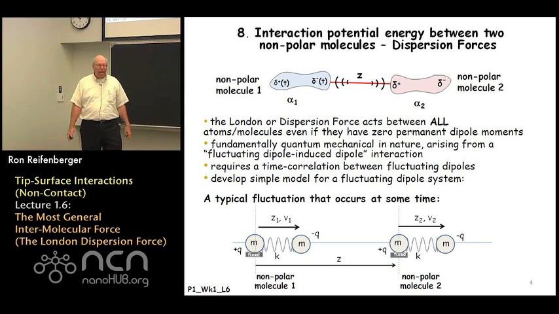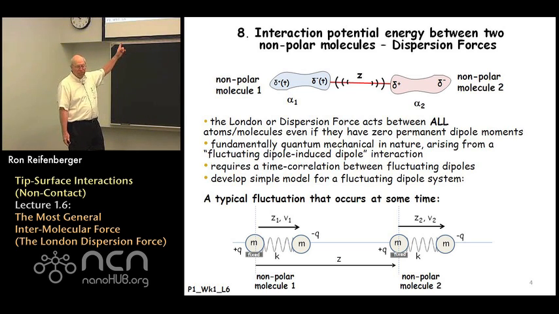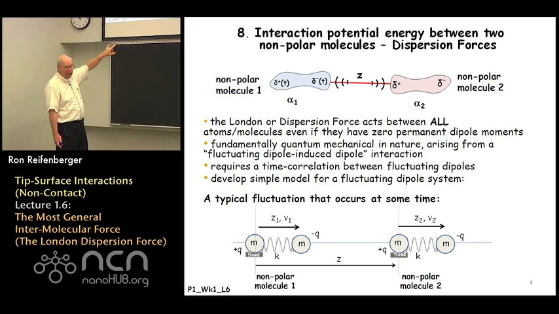The way we're going to do that is to model each atom or molecule by a spring system. In particular, the spring system shown in the bottom part of this slide illustrates two springs separated from one another by a distance z.